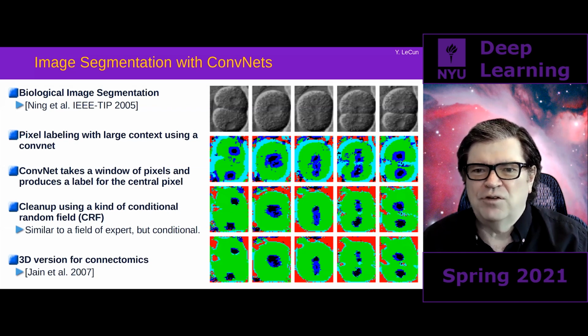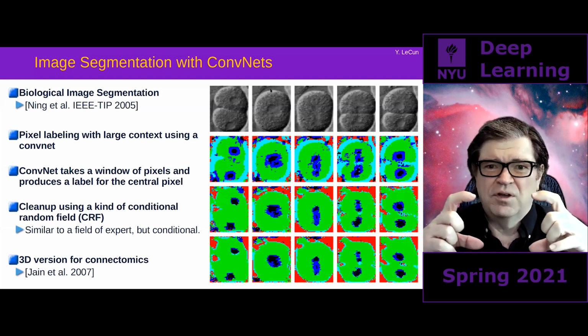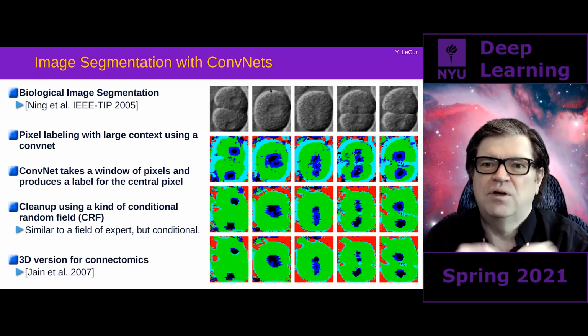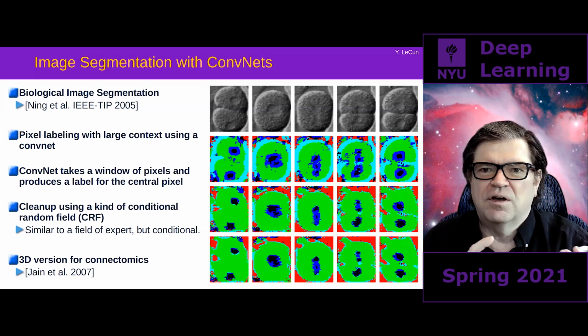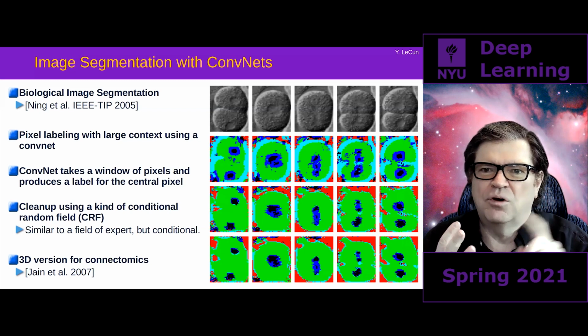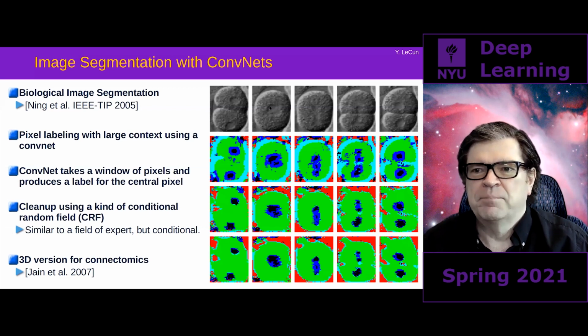We trained this ConvNet to take a very small window, a few pixels by a few pixels, and classify the central pixel as to whether it's cytoplasm, outside, cell membrane, or the nucleus, or the wall of the nucleus.